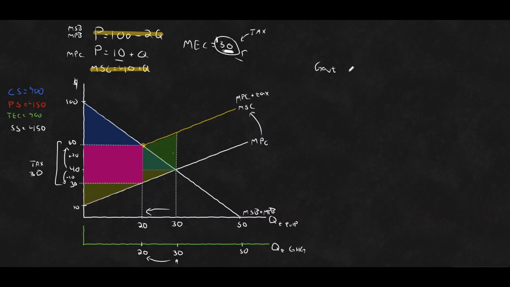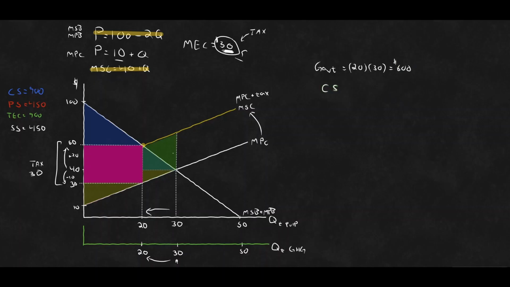So that's just base times height. That is a base of 20 times a height of 30. So altogether, that is $600 that the government is collecting in tax revenue.